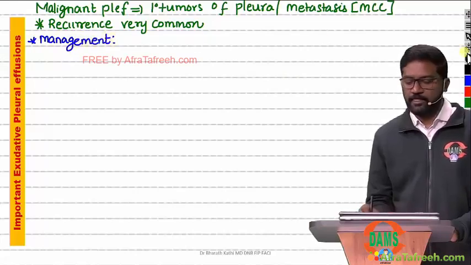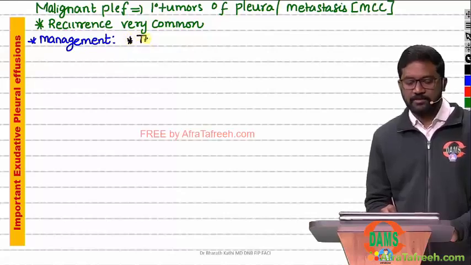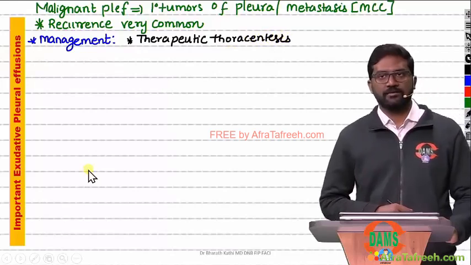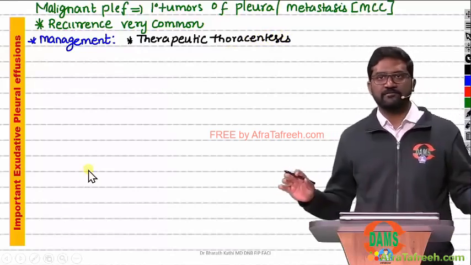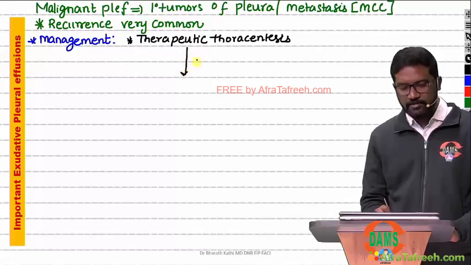Generally, the initial step will be a therapeutic thoracentesis. Therapeutic thoracentesis in the sense you are going to remove about 1.5 liter of fluid. Now if the fluid is not reaccumulating, there ends the story. But in majority there will be recurrence.